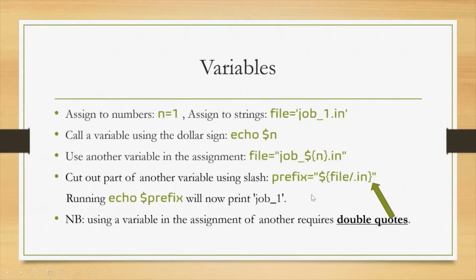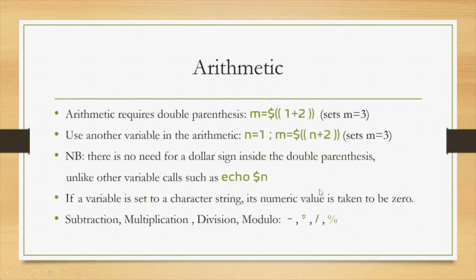So now I'll get the prefix, which is just job_1. So if you print echo $prefix, you get job_1, not dot, sorry, underscore. So take care and note here that when you're using another variable in the definition of a new variable, you always need double quotation marks and a $ sign before you use the variable.